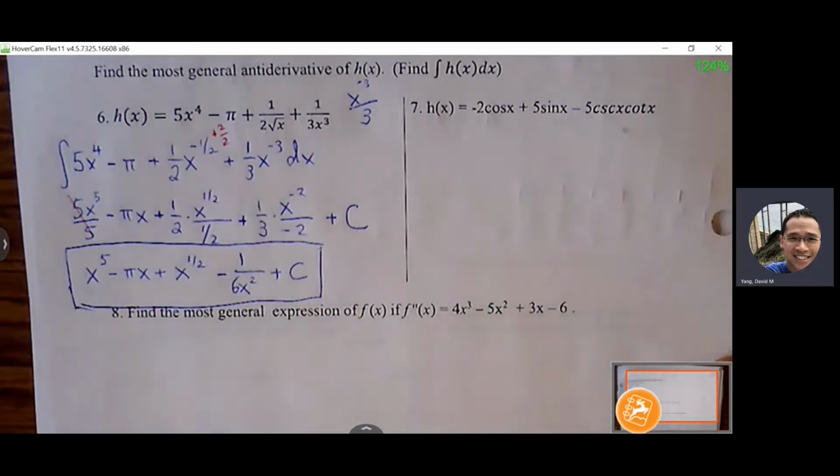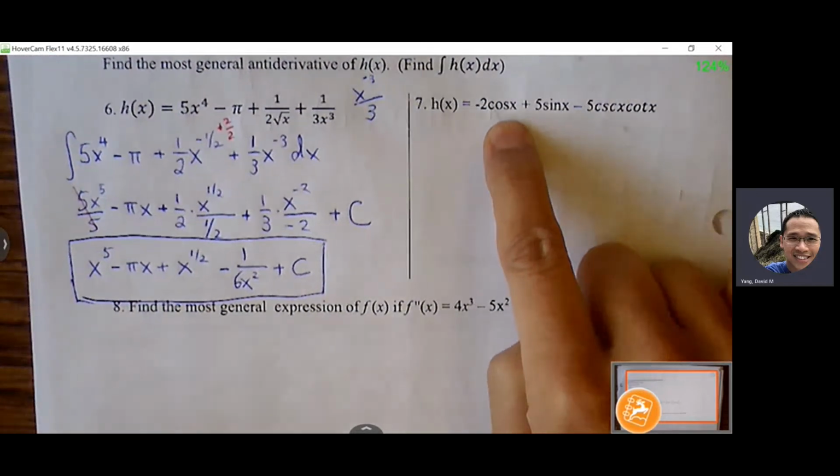Okay, last thing I want to do is number 7 here. This is asking for you to find the integral.